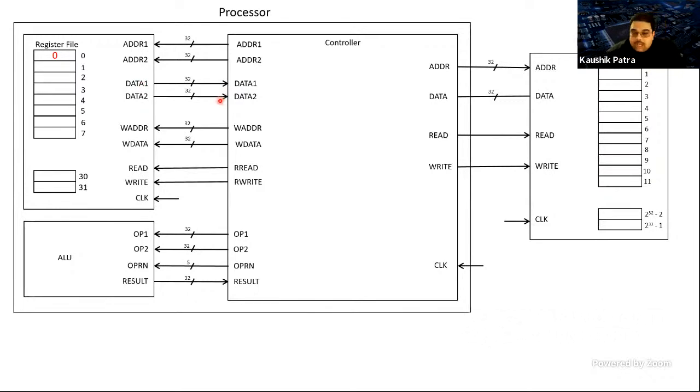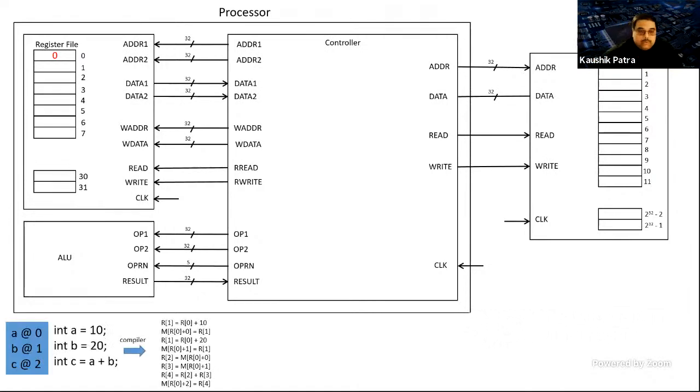All right, now that we are clear on this schematic diagram, let's move on to this simple program. We started with this simple high-level program: A = 10, B = 20, C = A + B. Then we also assume that these high-level variables are assigned certain memory addresses by the compiler.